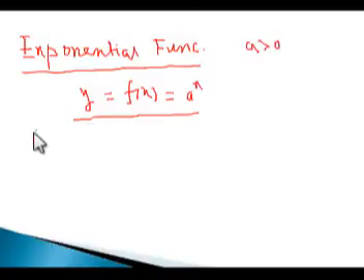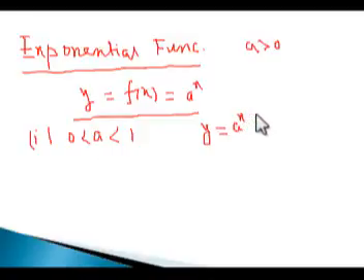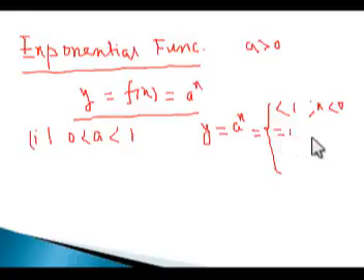One case is that if a lies between 0 and 1, then what will be y? y will be less than 1 for all x less than 0, and equal to 1 for x equal to 0, greater than 1 for x greater than 0.